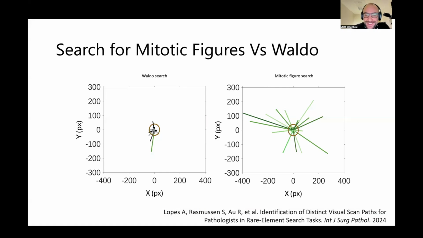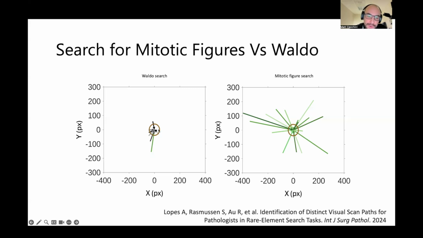The other really interesting thing is that we compared pathologists looking for a pathology-specific thing like a mitotic figure and Waldo, which is a non-pathology item. When finding Waldo, pathologists typically had to foveate over it to see it. These arrows are just the saccades before and after finding the target, whether it's Waldo or a mitotic figure.